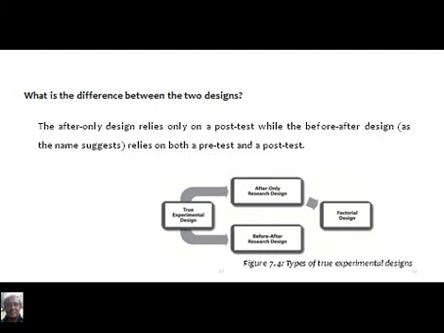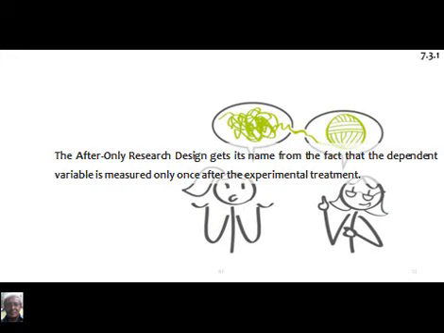The after-only design relies only on a post-test, while the before-after design, as the name suggests, relies on both a pre-test and a post-test. The after-only research design gets its name from the fact that the dependent variable is measured only once after the experimental treatment.